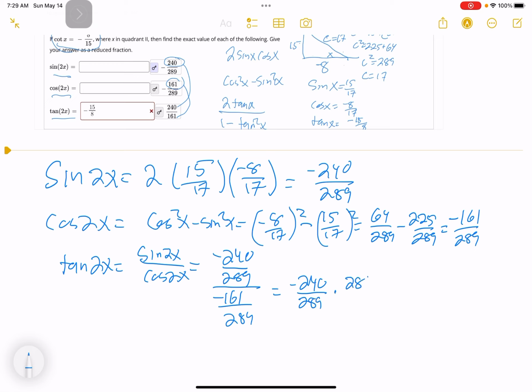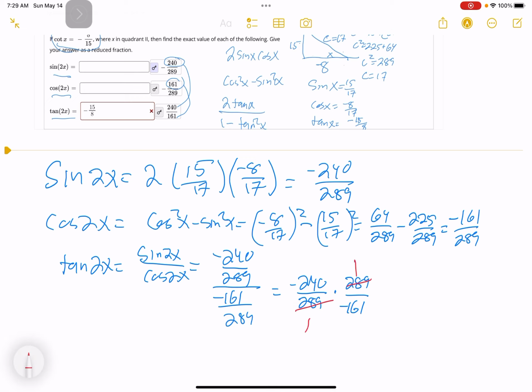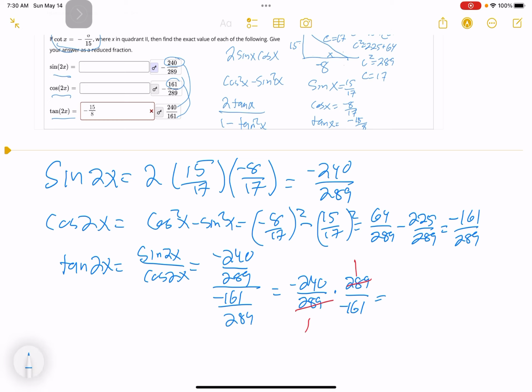So it would be 289 over negative 161, and the 289s divide out.